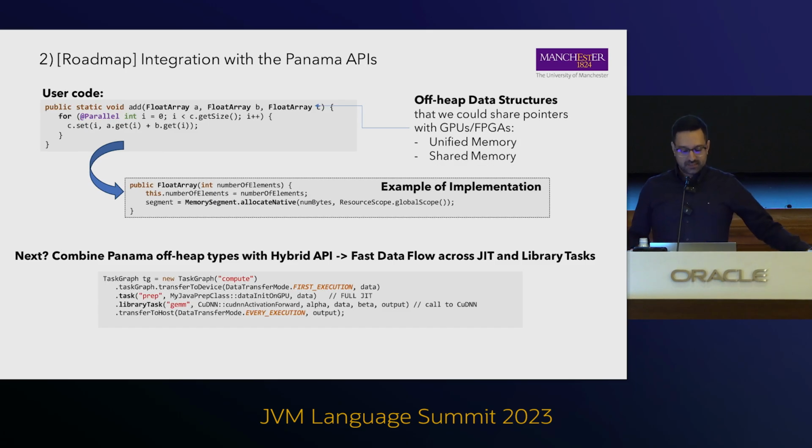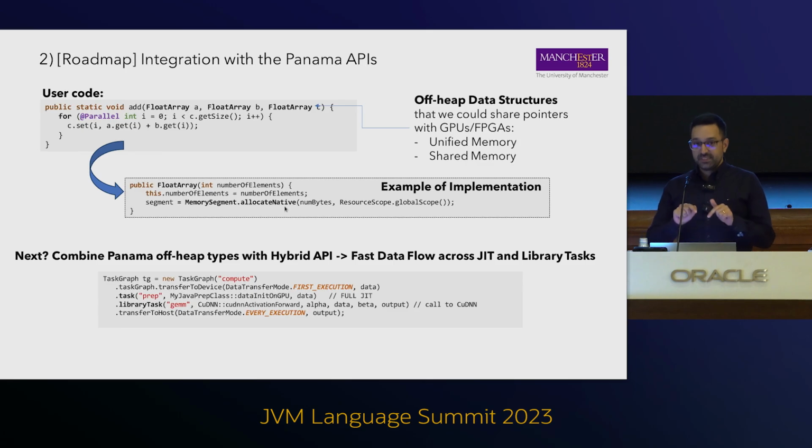How will it look once we integrate with Panama? Well, remember our expression here. This is a typical vector addition with Tornado. Instead of using a primitive float array, we will use something like a float array class that Tornado will offer you. And internally, that will allocate a segment.